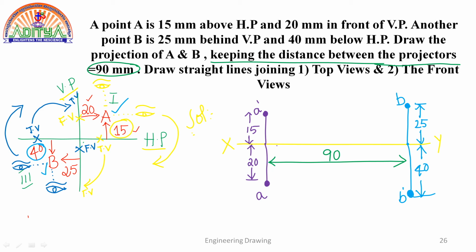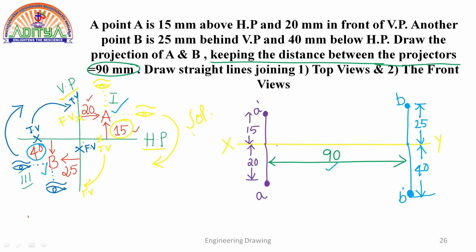It means above the reference line we get A dash front view, and below the reference line we get A top view. When it comes to B, it is in the third quadrant. So above the reference line small b top view, below the reference line B dash front view. Okay. Now another condition is that we have to give a distance of 90 mm between the projections A and B. Between projection A and B we have given 90 mm.